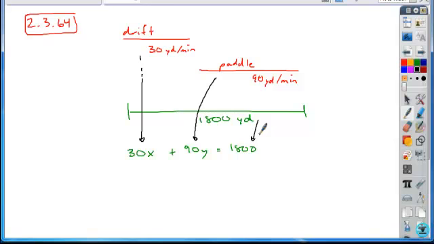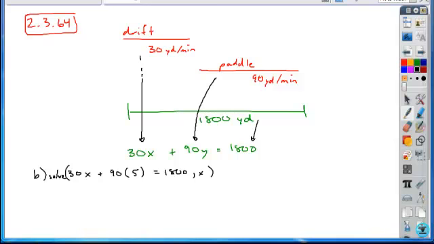And so the question that I began to ask is, what happens if you paddle for 5 minutes? And so when you're looking at this amount of time, if you plug in 30x plus 90 times y, where y, we're told, is 5 minutes of paddling, and you want to solve for 1,800, this allows you to find what the total trip time is going to be.